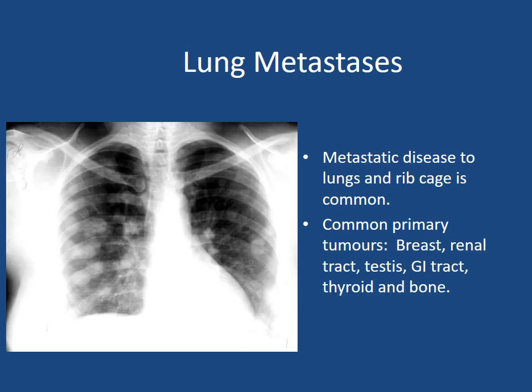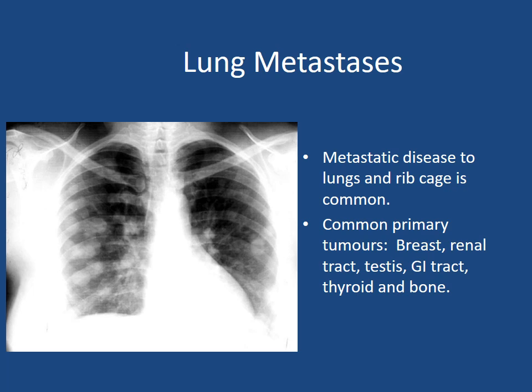On the previous image, we looked at a tumour within the lung that had arisen from the lining of the airways. So the primary tumour, if you like, was situated within the lungs. You can also get spread of tumours from other organs and other parts of the body. And the lungs are probably the most common organ for secondary deposits of cancers to arise.